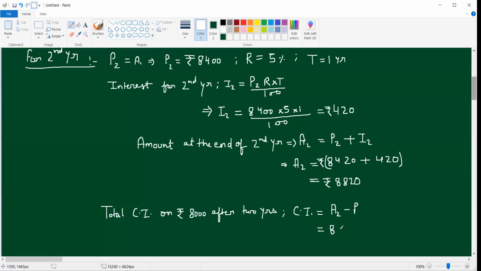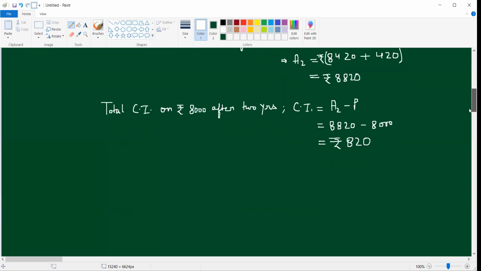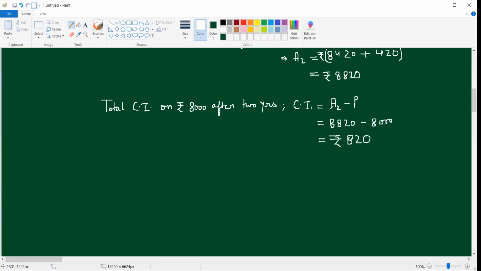So 8,820 minus 8,000. This we will have as compound interest. See, I have not repeated the equation, I'm just repeating the terms on the right hand side, so I'm using is equal to. And if I have to write the CI again, then I have to place the implies sign. So this is the compound interest, and the amount we have already written.